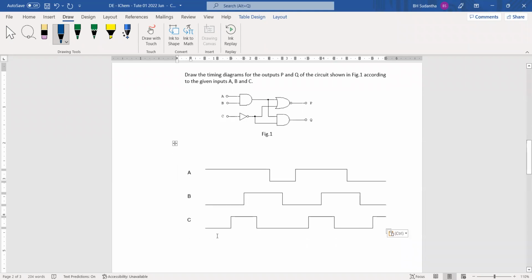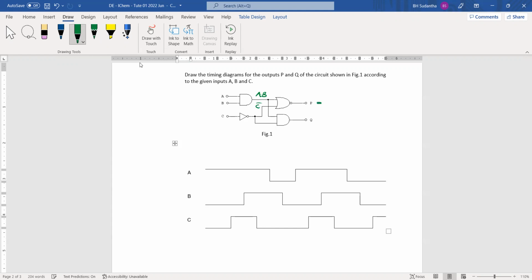How can we do this one? Shall we write the output equation for this one? This is AB, and this one C bar.